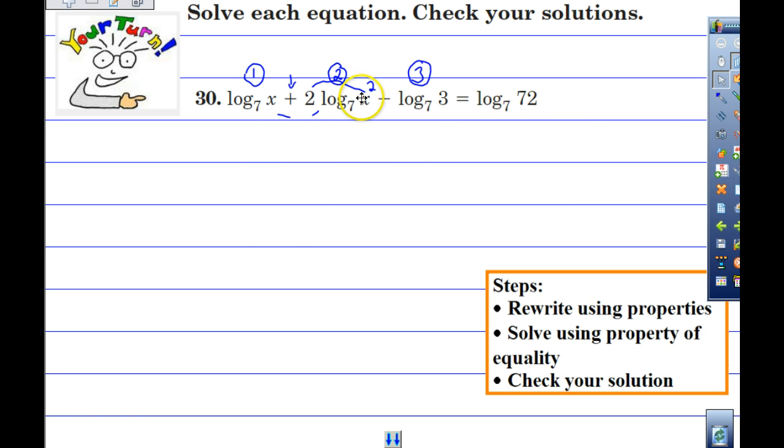Two in front. So we got what, log of x? Oh, okay. So that's going to be x squared, right? X and the 2 x squared will become x to the third.